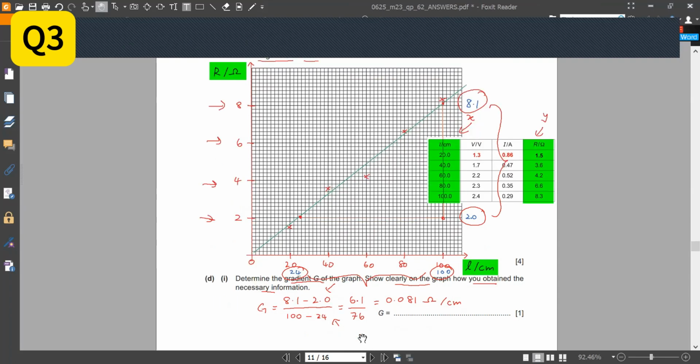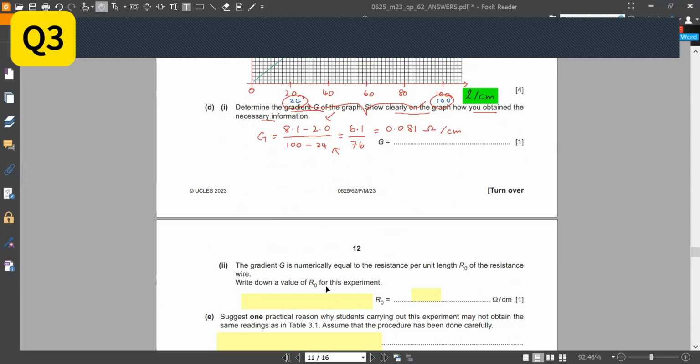So next step, the gradient is numerically equal to the resistance per unit length. So write down the R naught. We are already given that this R naught is numerically equal. So what do we do? Essentially, it's the same. So in the marking scheme, all of the answers within this range will be acceptable.